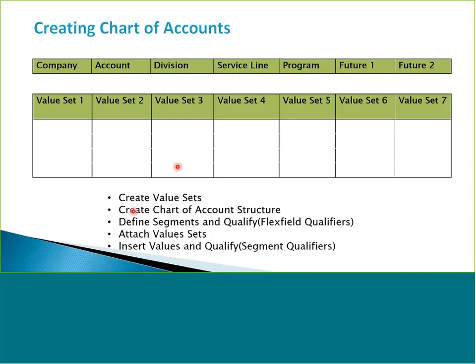We have created the chart of account structure, which is the Mascani group COA, and we have defined the segments in that chart of account structure, which are the company, account, division, service line, program, future 1 and future 2.